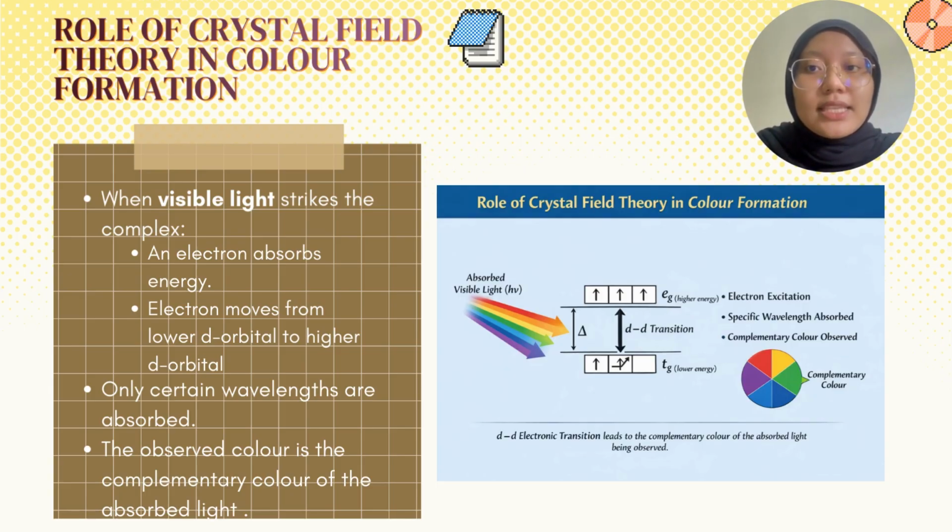This process is known as a d-d electronic transition. Since only specific wavelengths of light are absorbed, the remaining wavelengths are reflected or transmitted. As a result, the color that we observe is the complementary color of the absorbed light. Therefore, crystal field theory explains the origin of color in transition metal complexes through d orbital splitting and the absorption of visible light.